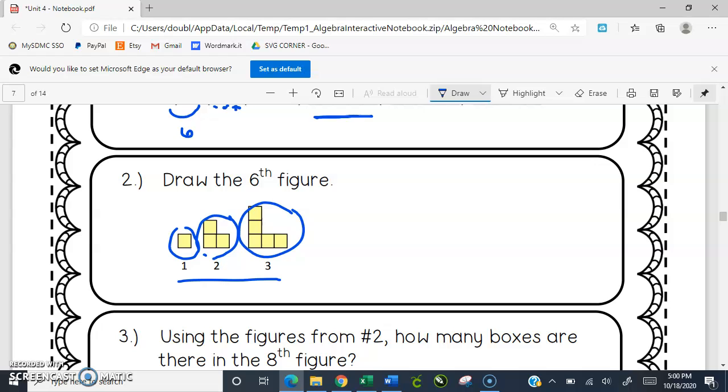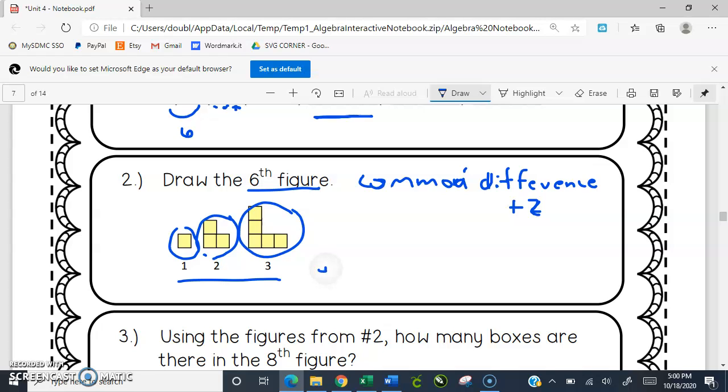So 1, 3, 5 looks like a common difference, adding by 2 each time. So the common difference is plus 2 blocks.